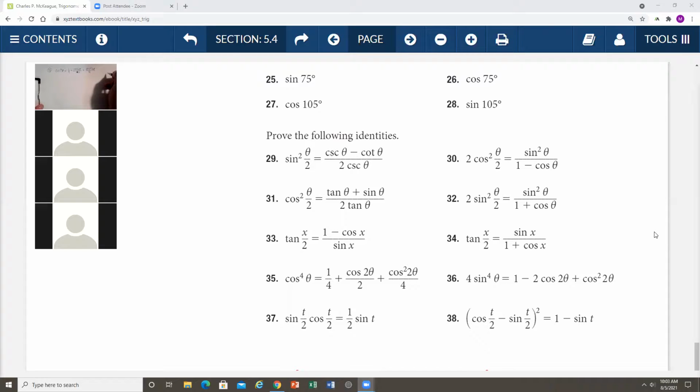Oh my goodness. What kind of trouble have I gotten myself into? All right, so let's try to prove this as being a valid identity. We're assuming that they are all provable to be valid identities.